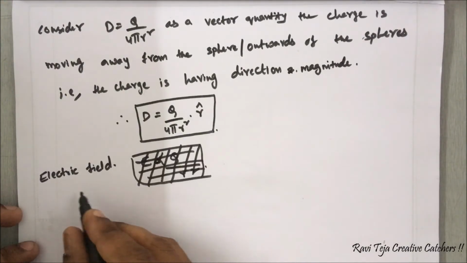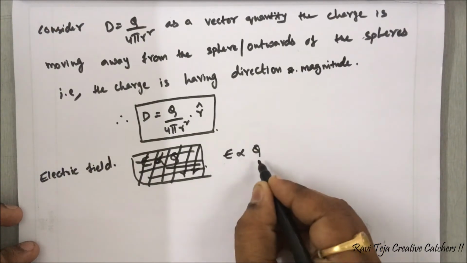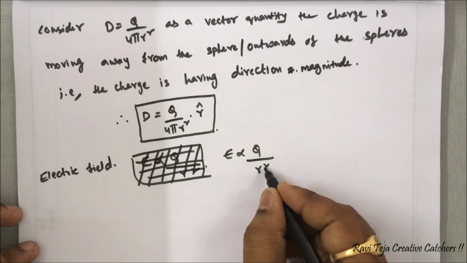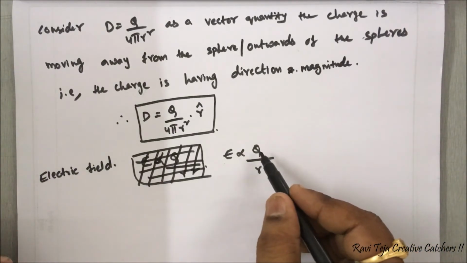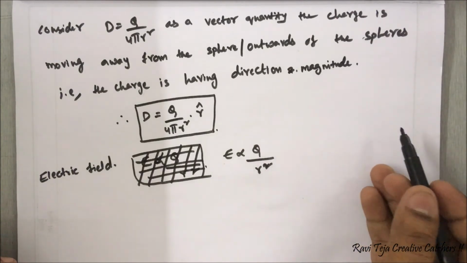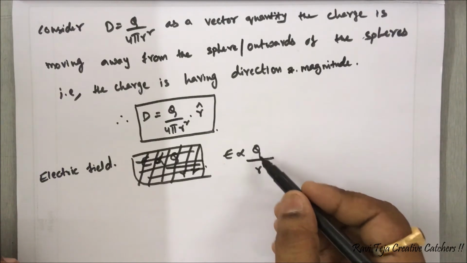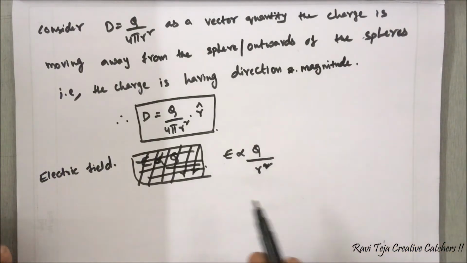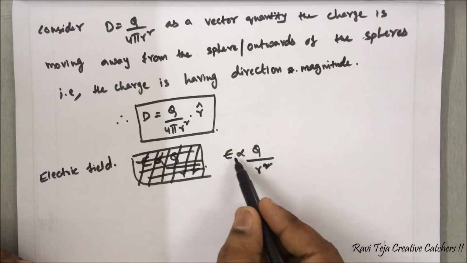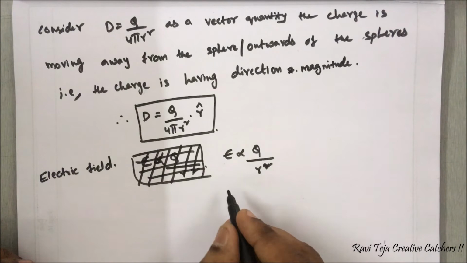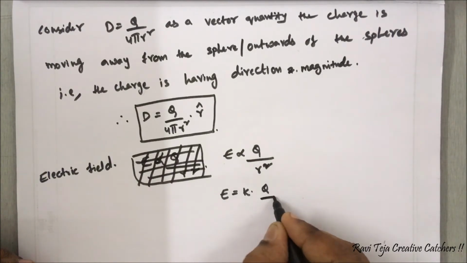Now let's consider electric field. Electric field is proportional to Q total charge by r square of distance between them. In the previous laws we have written Q1 Q2, right? With respect to Q1 Q2 I am taking only a single total charge, that is Q by r square. Okay. In order to equate this, if we remove this proportionality and equate this, what we can say, E is equal to K into Q by r square.